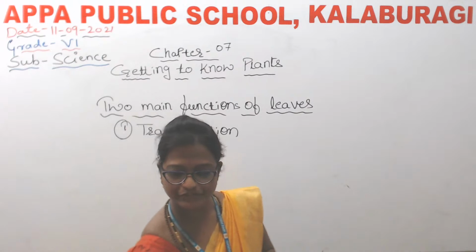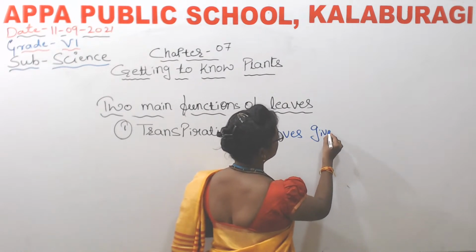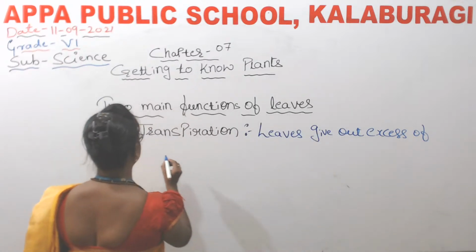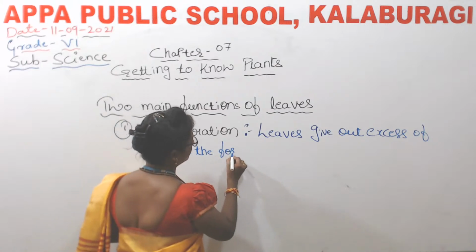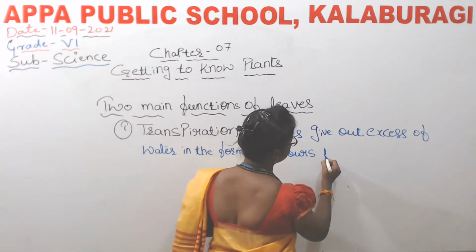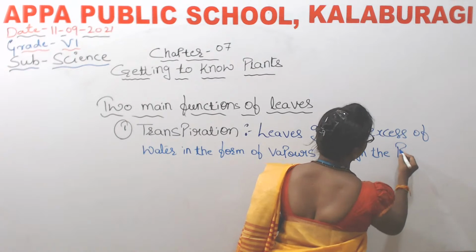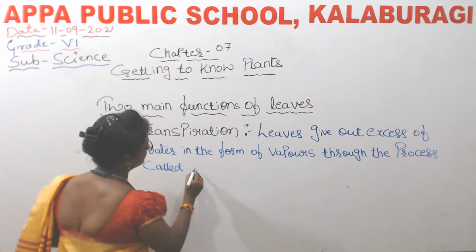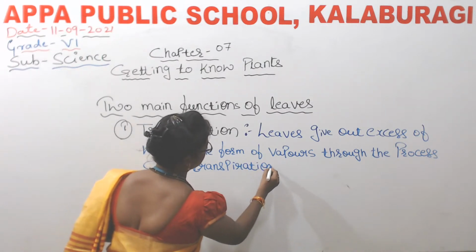So in transpiration, what happens, children? Leaves give out excess of water in the form of vapors through the process called transpiration.